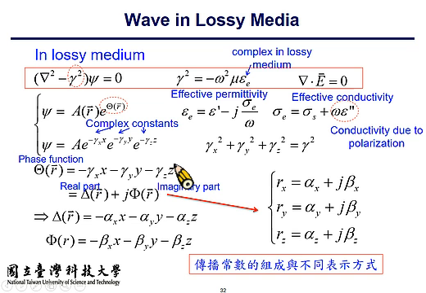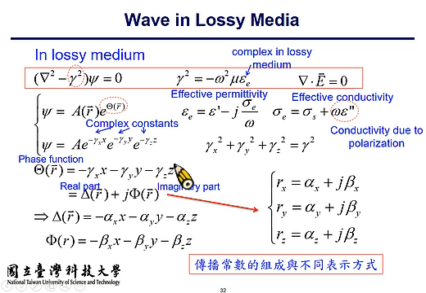So sigma E is the effective conductivity, and the effective conductivity comprises two parts. First part is sigma S. S stands for what? 你们猜得到 S 代表什么？代表静态、静电嘛，steady field.